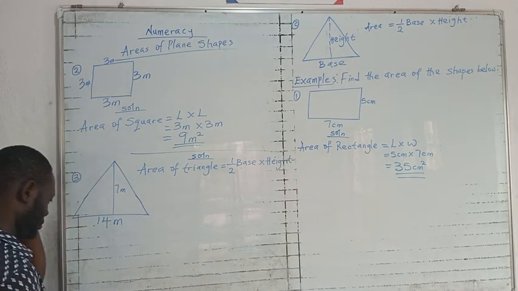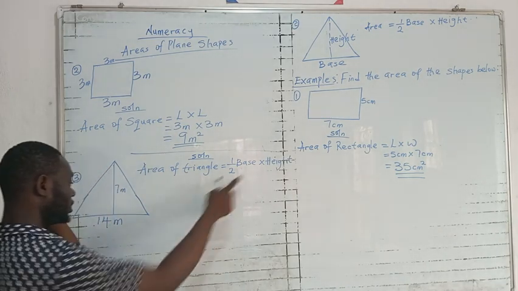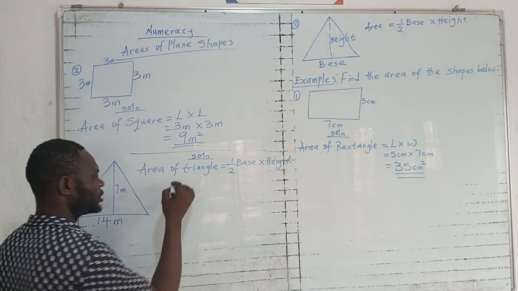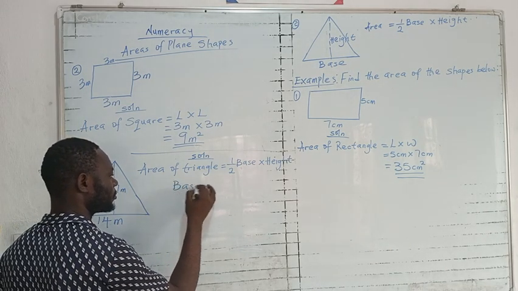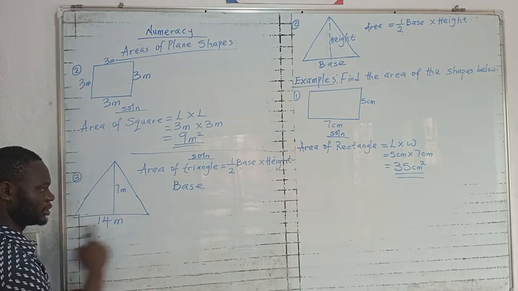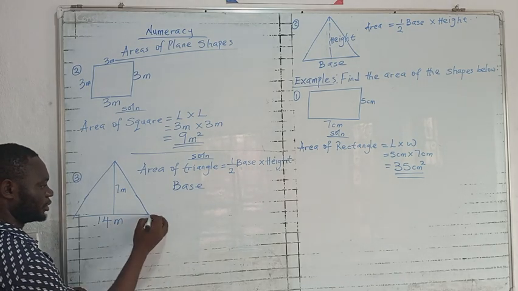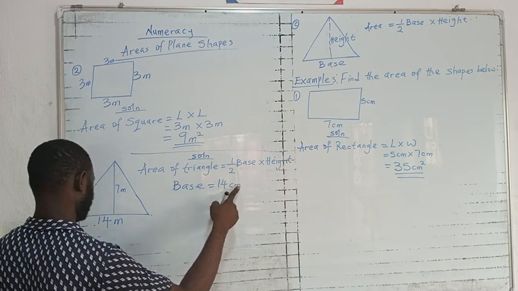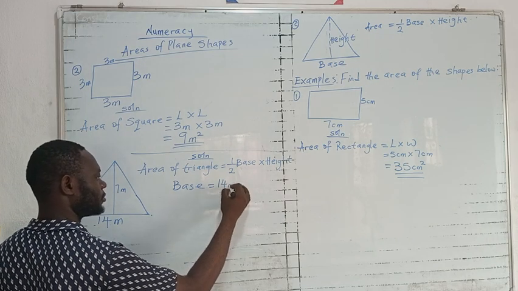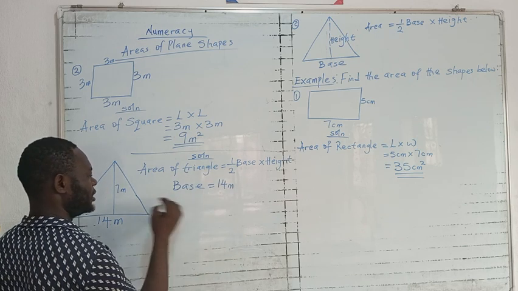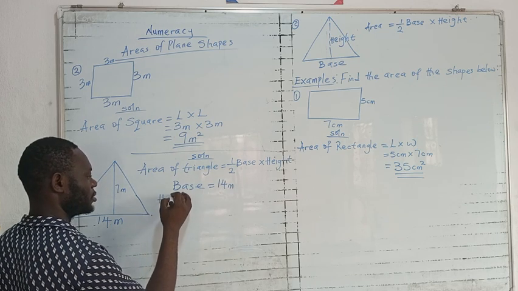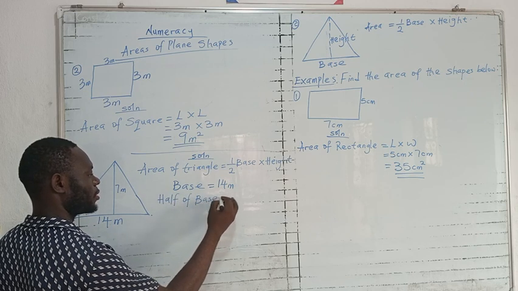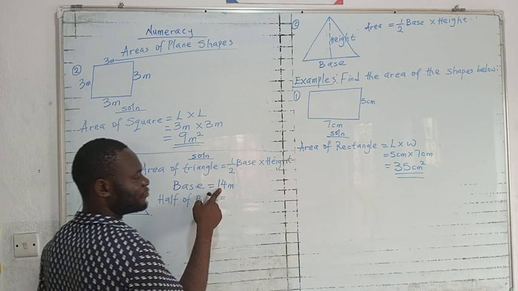Okay? Now, since this is the formula for finding the area of a triangle, first of all, what is base? Base is this place of the triangle. This is the base of the triangle. So the base here is 14 meters. Now, what is half of the base? You know what is half of 14?